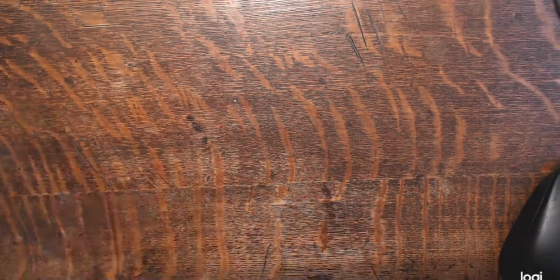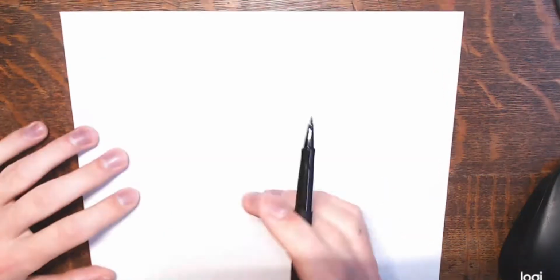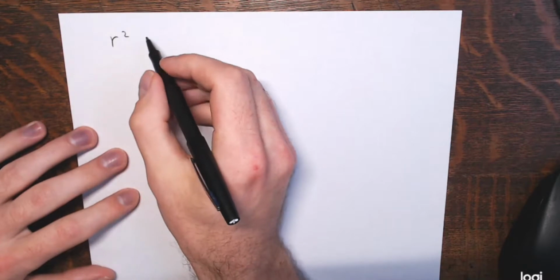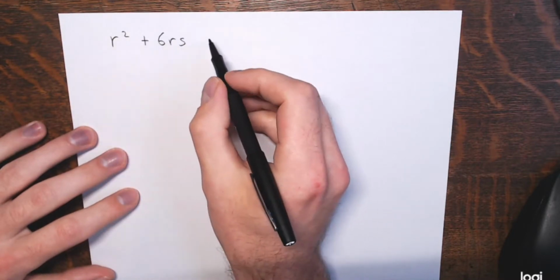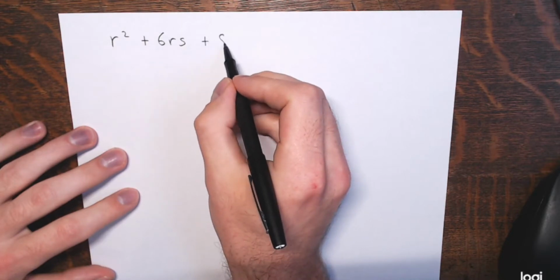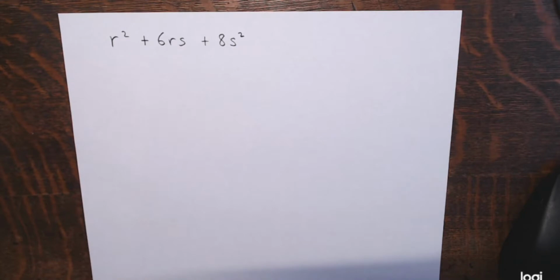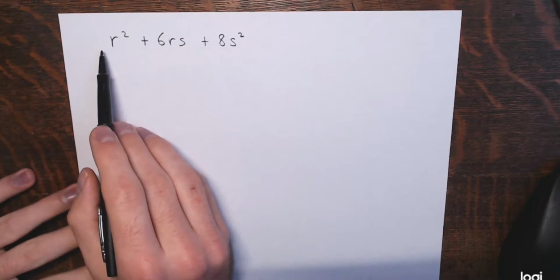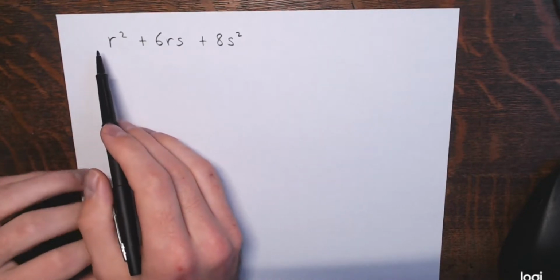Alright, so let me take out another sheet here. This one, we have again r squared. The middle term is plus 6rs, and then plus 8s squared. It's in that second special trinomial form with a lead coefficient of 1, so this should be pretty simple.